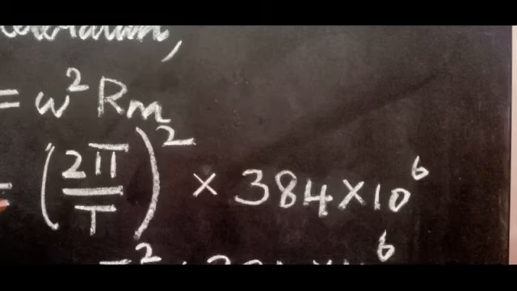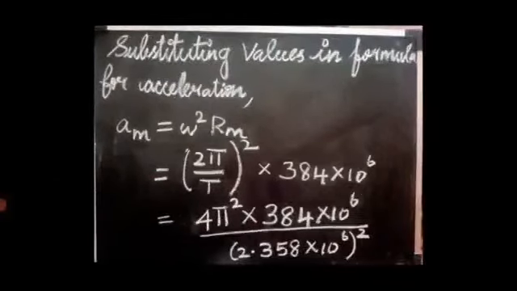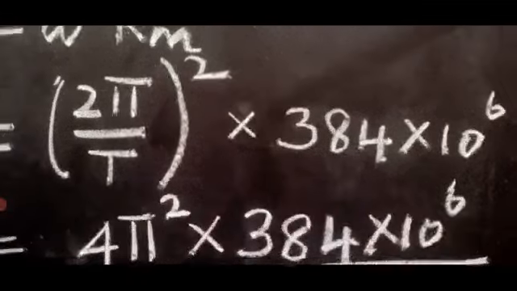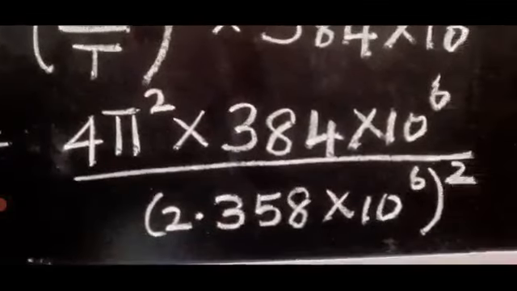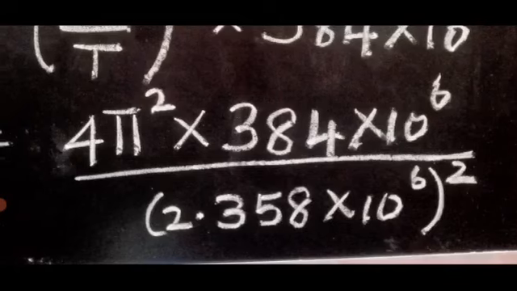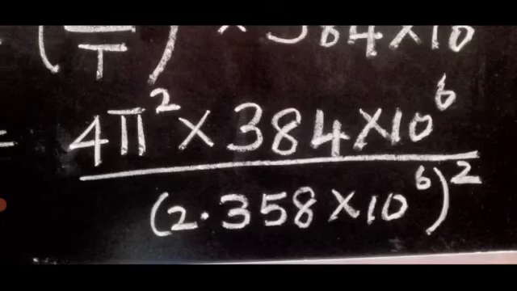The Rm value is already calculated, that is 60 into 6.4 into 10 to the power of 6, which equals 384 into 10 to the power of 6. We substitute this value here: 4 pi square into 384 into 10 to the power of 6 divided by 2.358 into 10 to the power of 6, the whole square.